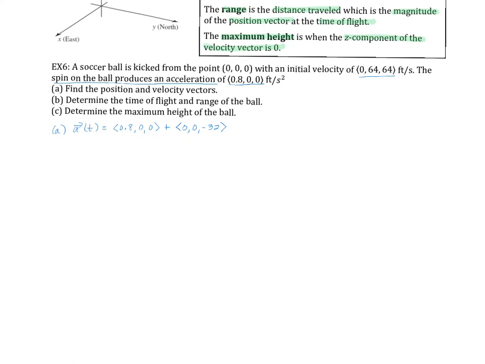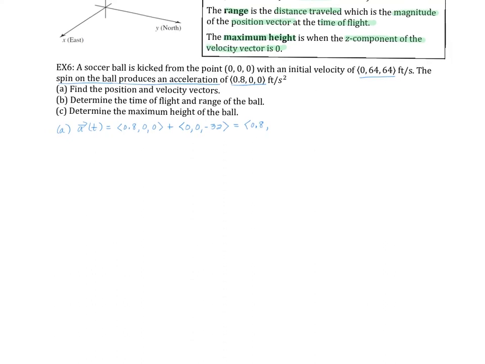And that gives me an acceleration vector of 0.8, 0, negative 32. This is our total acceleration because we had to add spin.